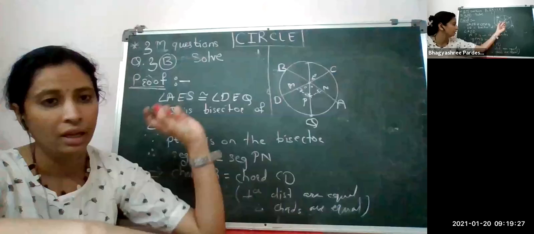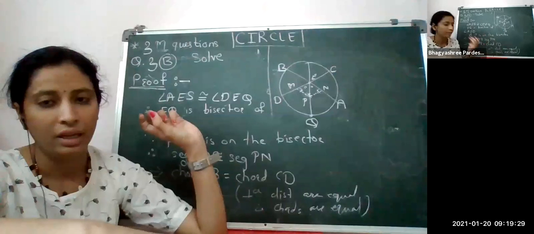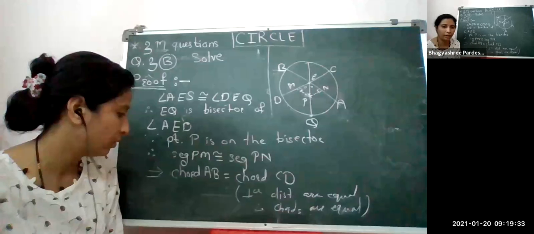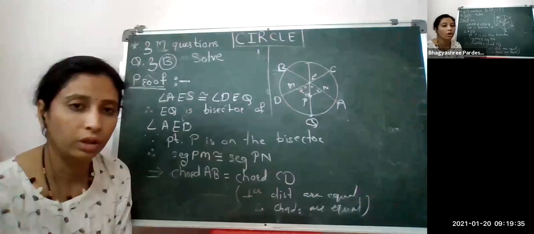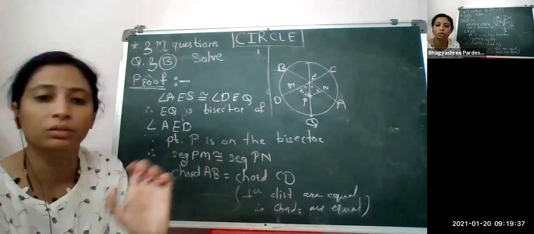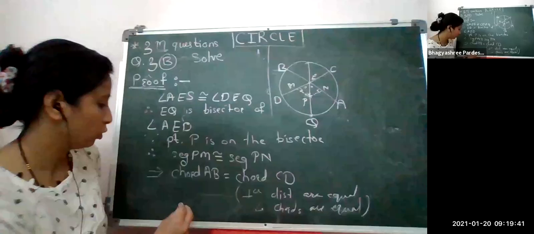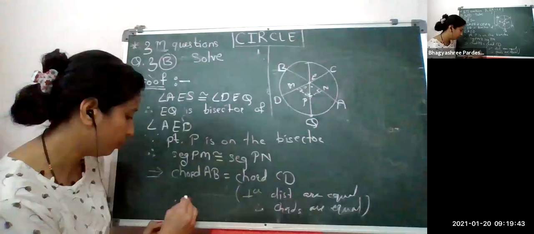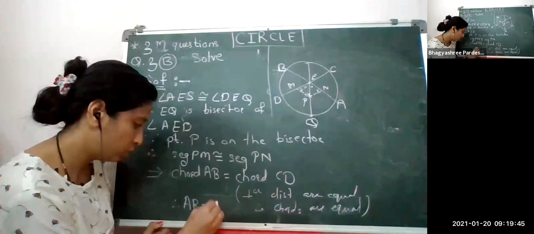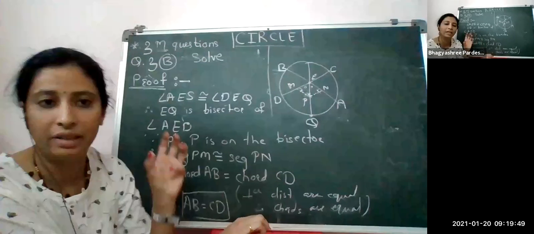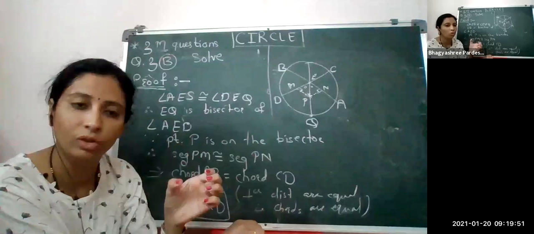Since these are equal, with our third theorem, you can directly say that the chords are equal. One more thing: in the question, you are not asked chord AB equals chord CD. What was asked was only AB equals CD. So the final answer must be like that. Therefore, AB is equal to CD, right? Whatever format was asked, we have to write the answer in that format only. Then and only then will we get full marks here.